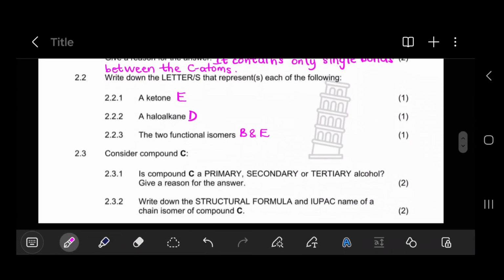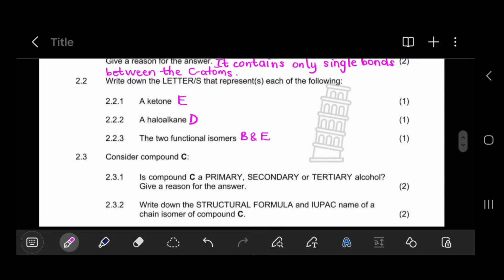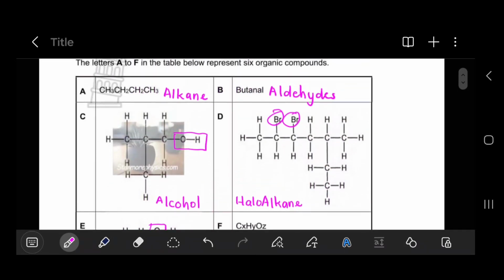Okay, we're on to 2.3. It says consider compound C. Is compound C a primary, secondary, or tertiary alcohol? Give a reason for your answer. So let's have a look at compound C. Here's how we identify this. We look at the carbon that contains the hydroxyl group, and on each of its 4 bonds, we see how many carbons it is bonded to.